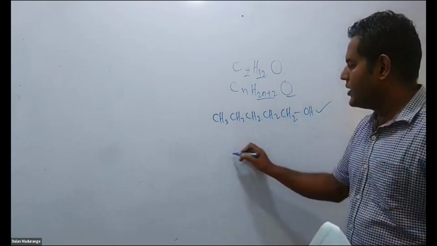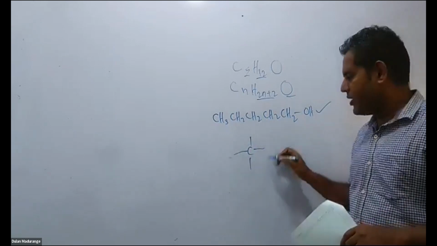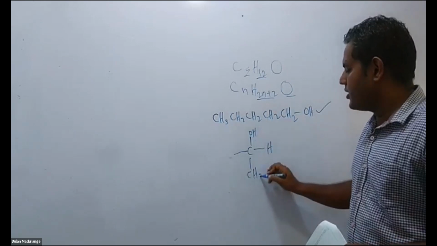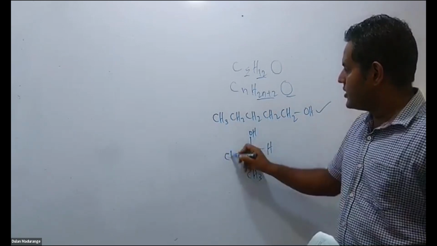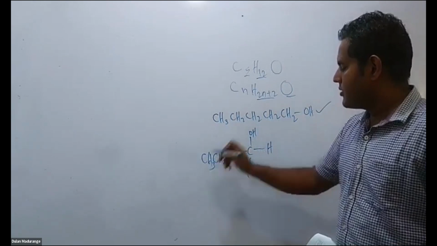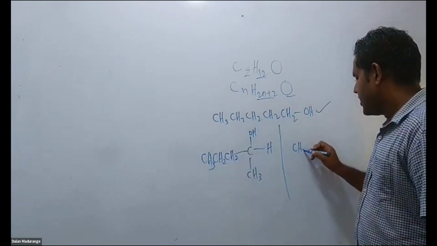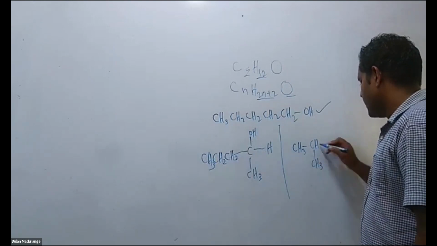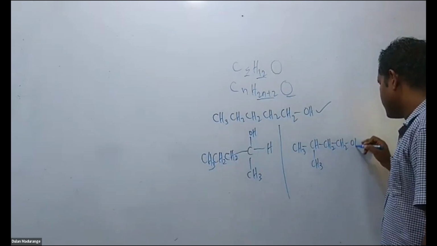You can get a central carbon atom and make different structures. H, OH, right? See how I'm changing the carbon chain. CH3, getting an optically active carbon, 1, 2, is allocated. Then CH2, CH2, CH3. Furthermore, we can take CH3, CH, CH3, 1, 2, 3, 4, 5, CH2, OH.